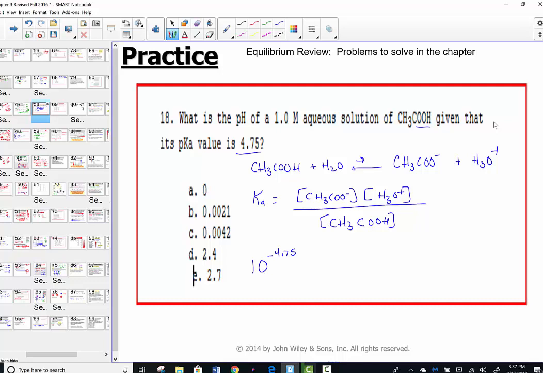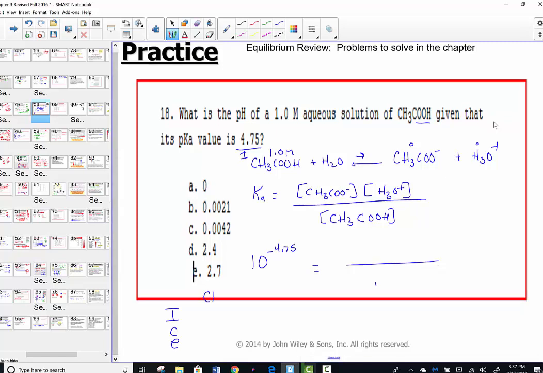That's the Ka expression. Set equal to, well, what about these values for the ions? If we think about an old-fashioned ICE chart, we would know that initially this was 1 molar, and initially these were 0. They had not yet formed in the initial concentration. I'll just write this ICE down here. So as time goes by, we see that the molecular form of the acid decreases.